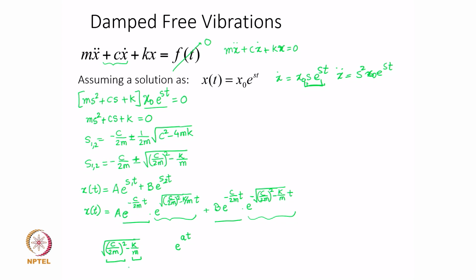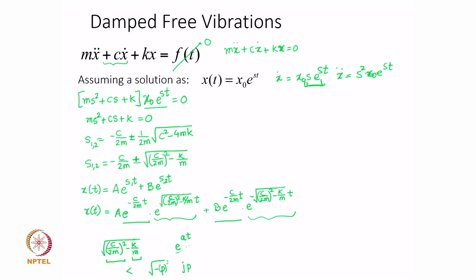Whereas, if this is less than k over m, then what happens? You have a square root of a negative quantity, right. How do you write that? As j, let us say if I call this j p.